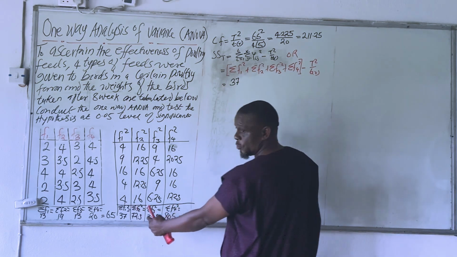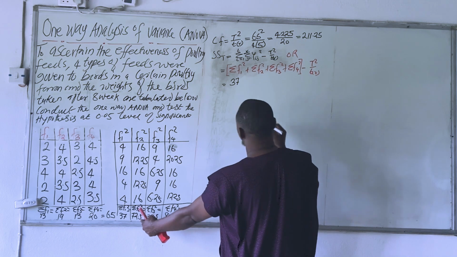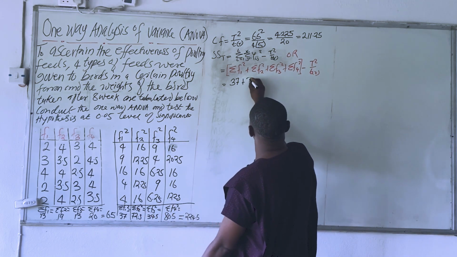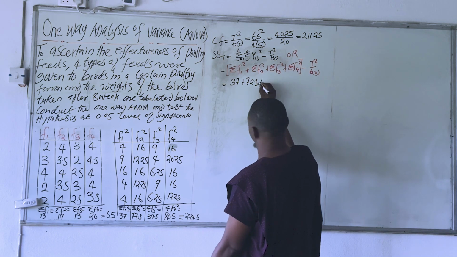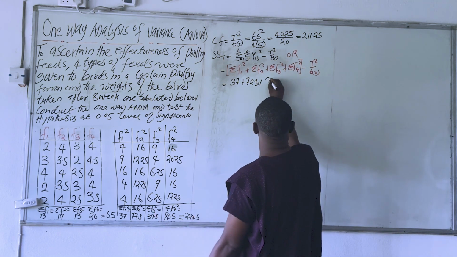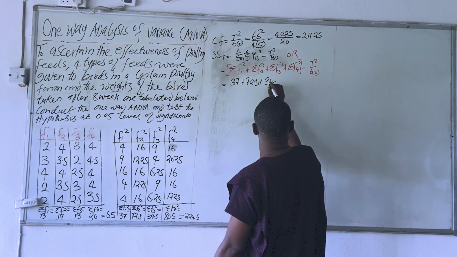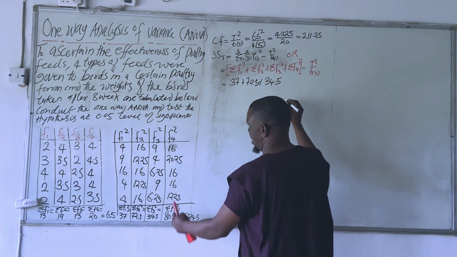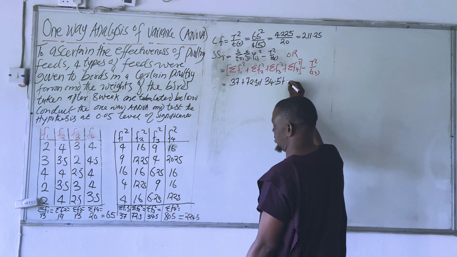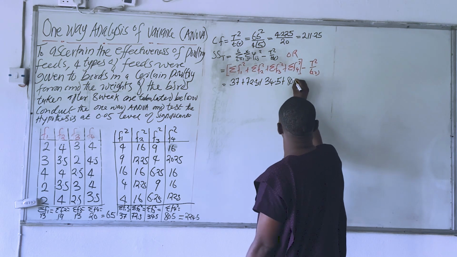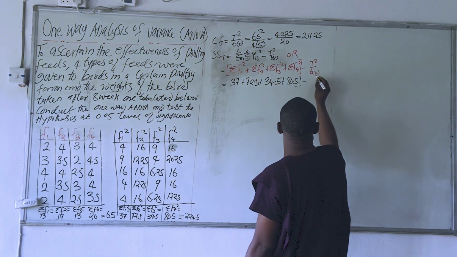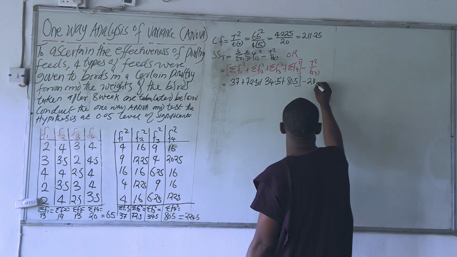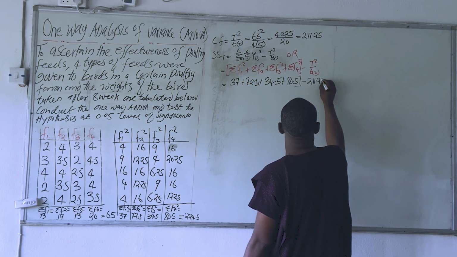So, which means that here our sum of square total will be equal to: our f1 square is 37, our f2 square is 72.5, our f3 square is 34.5, and then our f4 square is 80.5. So we have all of that minus our correction factor, which is already calculated as 211.25.